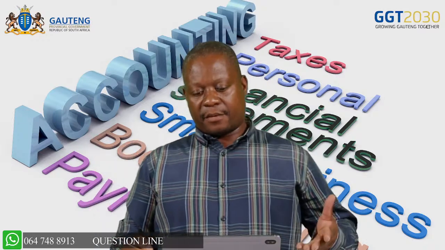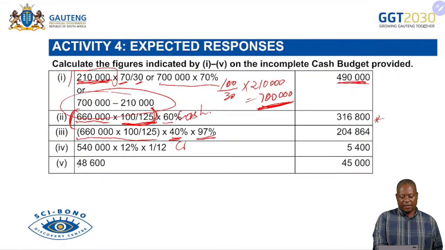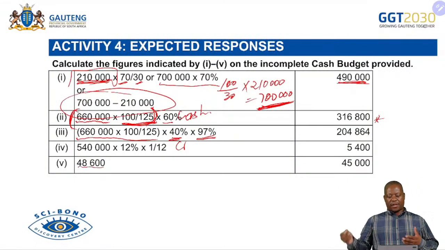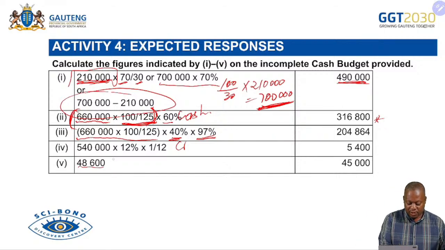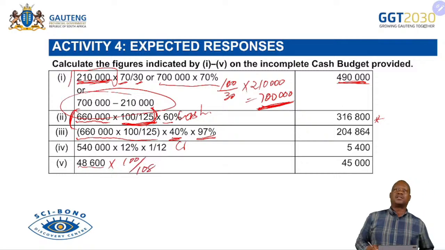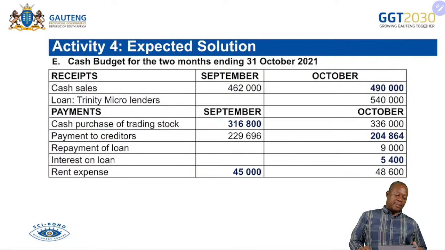Okay. I was saying the last one is the one where we are given the rent expense for the month of September and we're supposed to find the one for October. So here we are just multiplying by 100 over 108 because there is an increase of 8% in the rent. That is how it is supposed to appear.